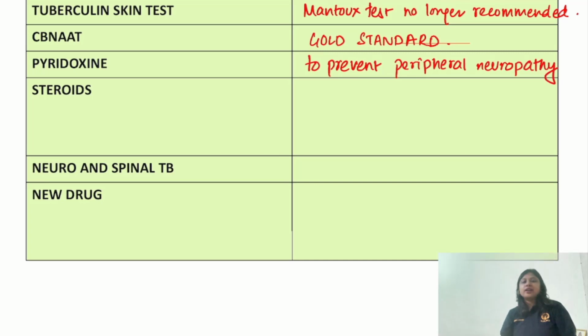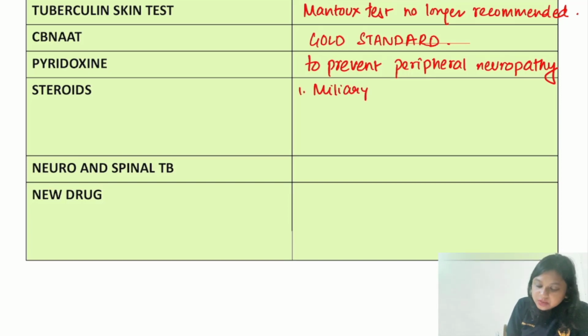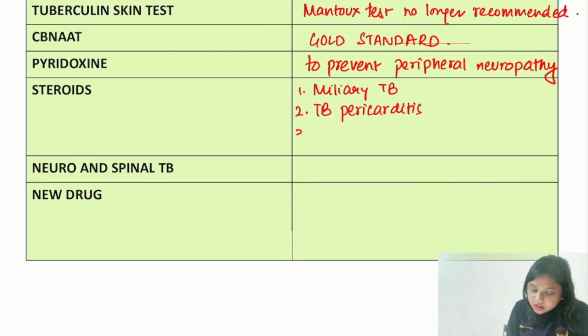Now, steroids are indicated in which cases of tuberculosis? First, remember, miliary TB. It's a disseminated TB where we give steroids. Next is TB pericarditis. Number 3 is CNS TB.